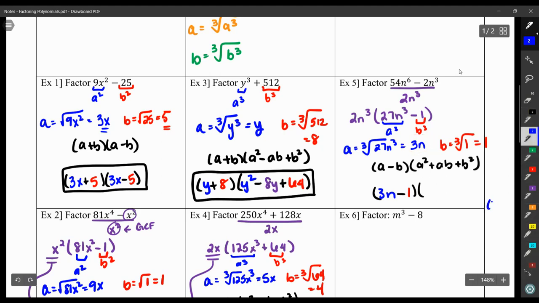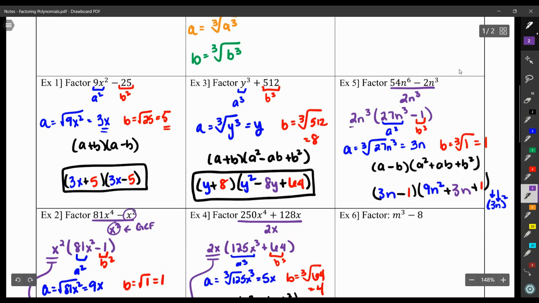So when you take 3n and square it, you're squaring the 3 and you're squaring the n. So 3 squared makes 9 and n squared makes n squared. Plus a times b. So 3n times 1 is still 3n. Plus b squared, but if I take 1 and square it, I still get 1.